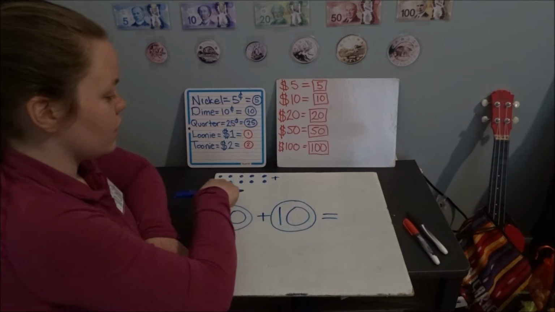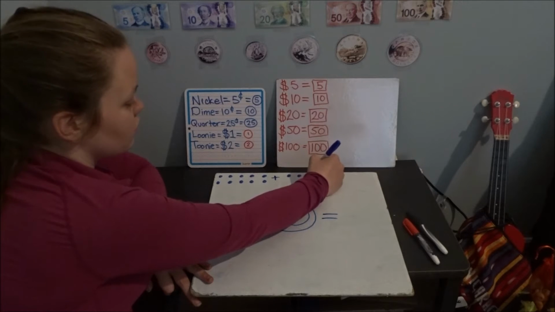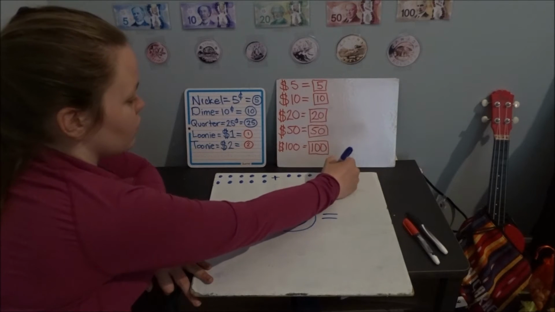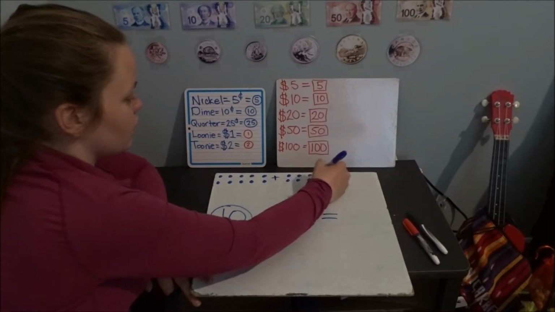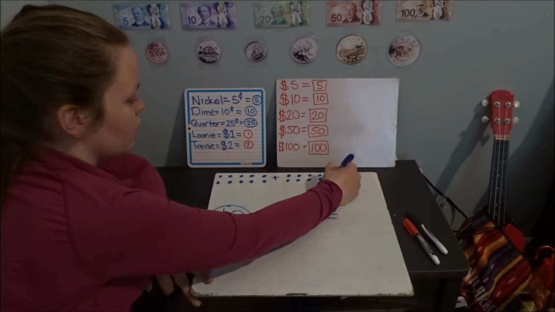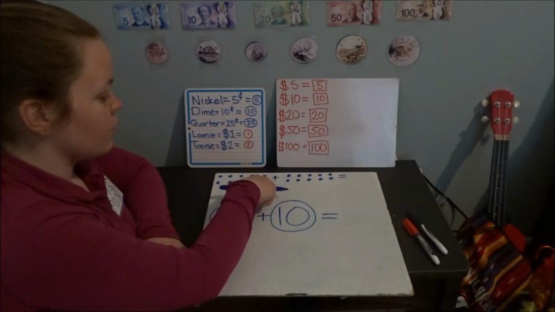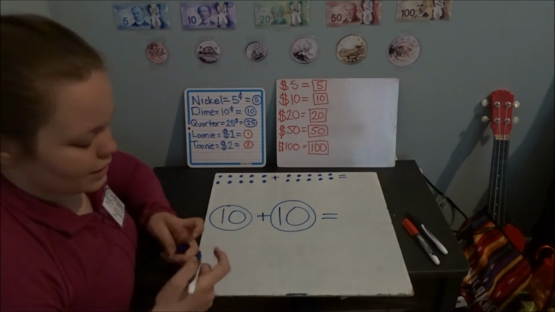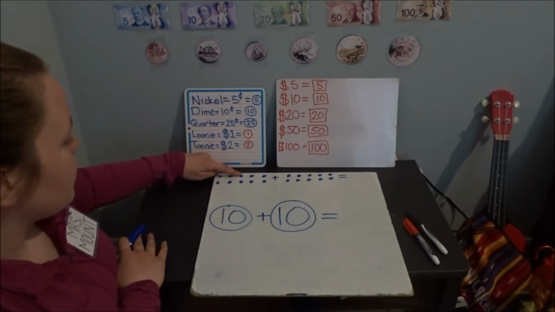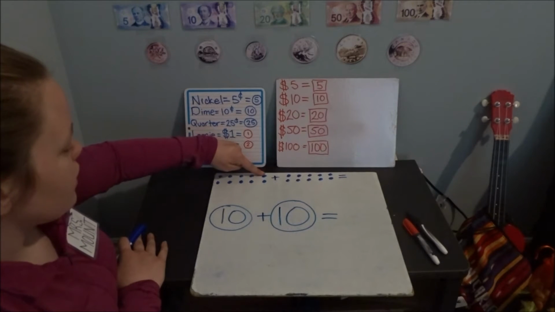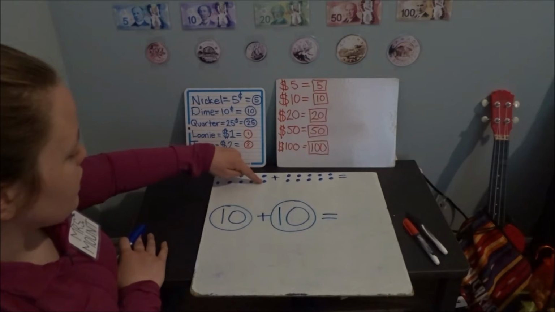Okay, so we have 10, and we're going to add 1, 2, 3, 4, 5. 1, 2, 3, 4, 5. All right, so we've got 10 plus 10 equals, let's count and find out. 1, 2, 3, 4, 5, 6, 7, 8, 9, 10.